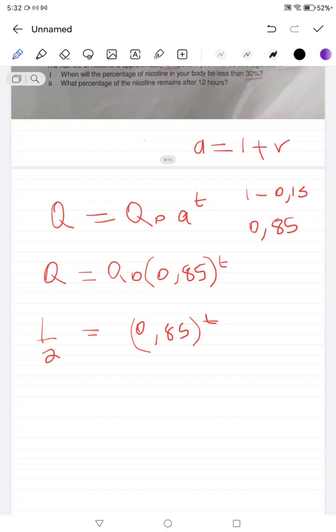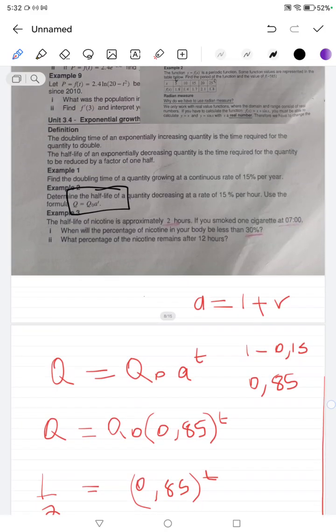Then how do we work it if it's something like this? I'm confused. Seems like this one is not going to work.